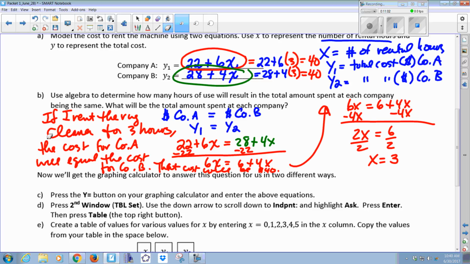Okay, so I've answered my question. The total amount spent at each company will be $40, and it's after 3 hours of use.